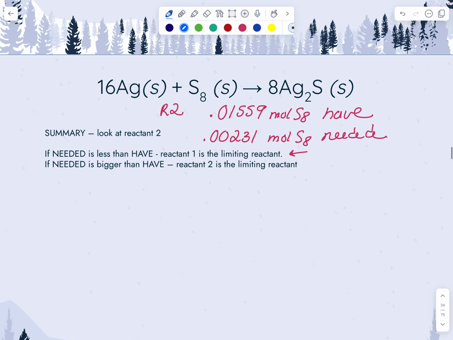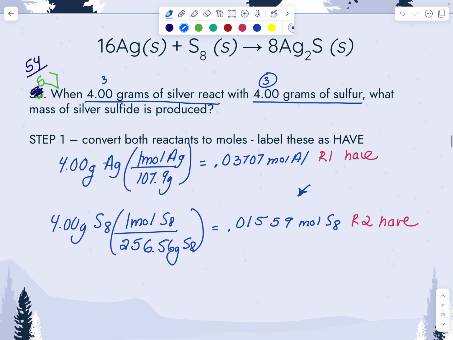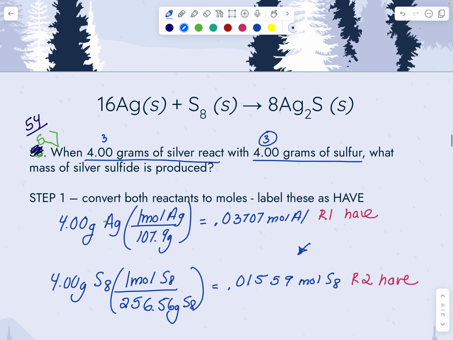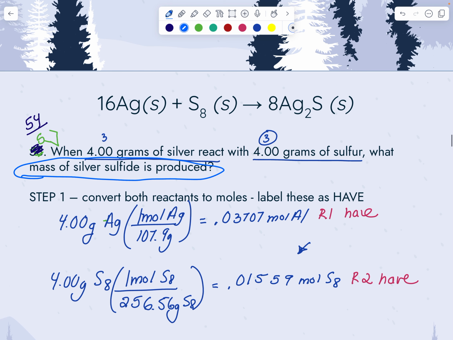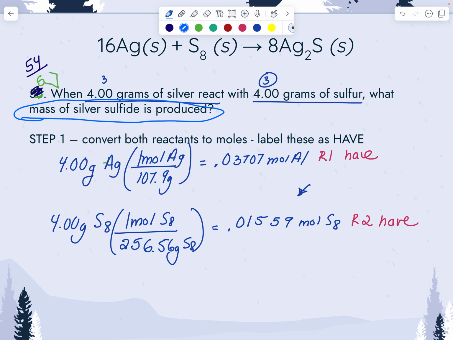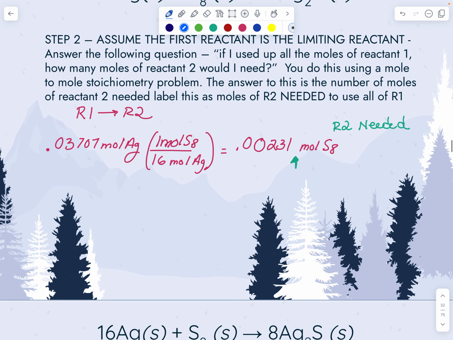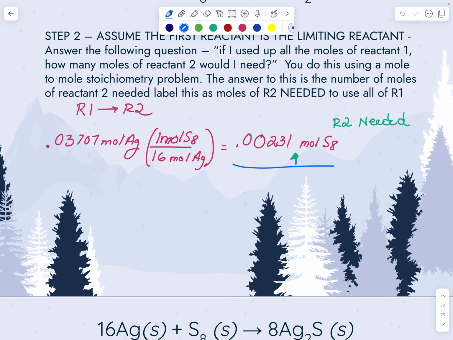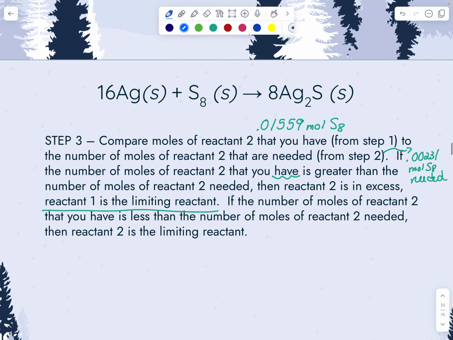If I go back to what this question originally asked us, what mass of silver sulfide is produced? So the first thing I did was I figured out how many moles of each reactant I had. Sorry, there's a typo there. Then I figured out how many moles of sulfur I would need to use up all my silver.